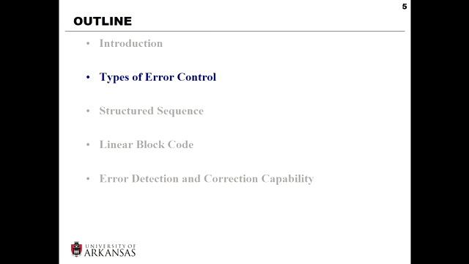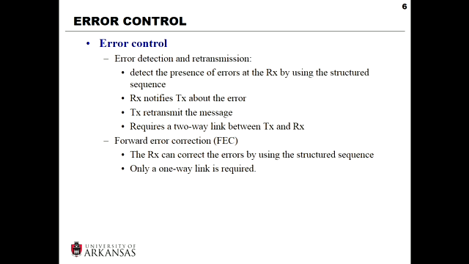So that's coding. And also we talked about the two different types of error control. One is called error detection and retransmission. In this case, we only need to use relatively simple coding schemes, and the only objective is to detect whether there is error or not. The coding does not necessarily need to be able to correct the error, right?